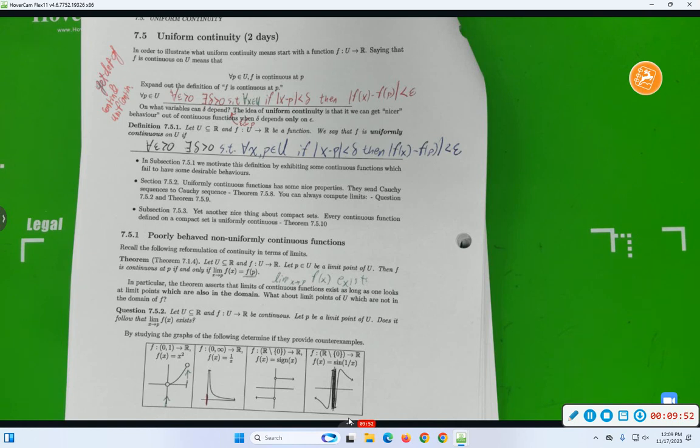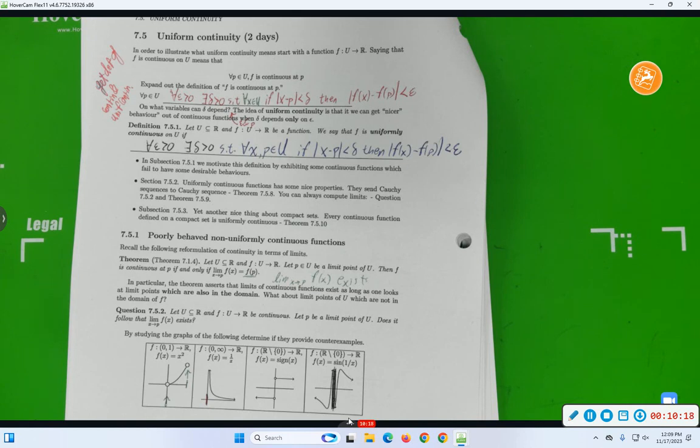And then there's that last function, the sine of 1 over x. What does that function seem to be getting close to as x gets close to 0? Everything between -1 and 1, I guess. That's probably not the type of behavior you want limits to have. So that limit doesn't exist.